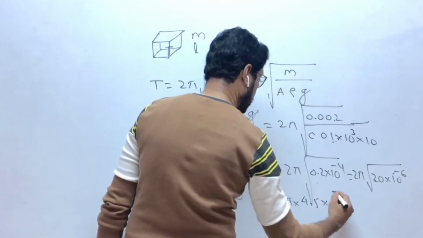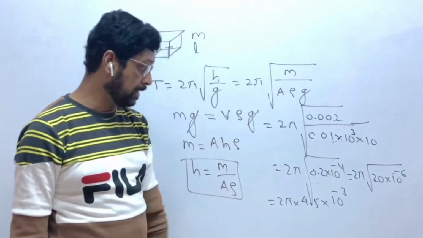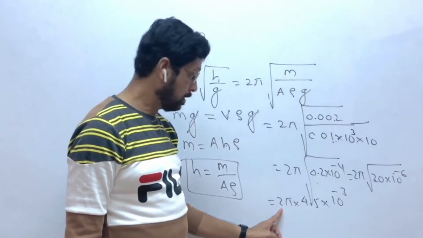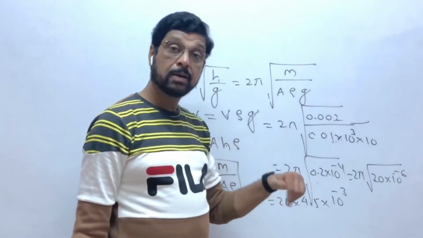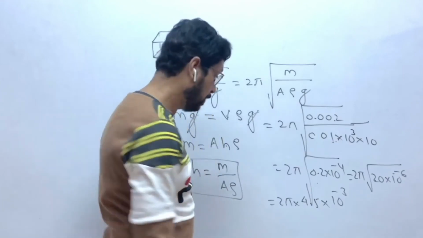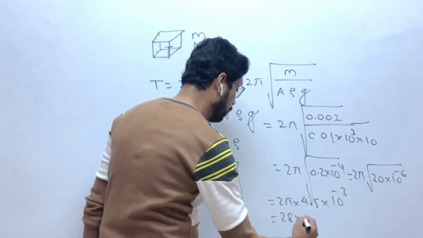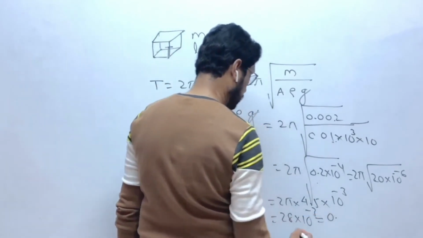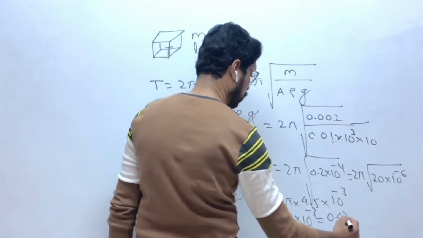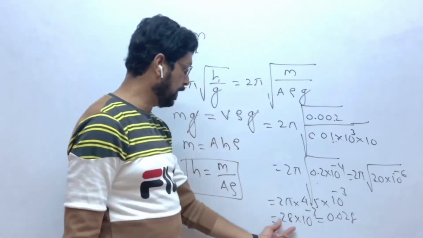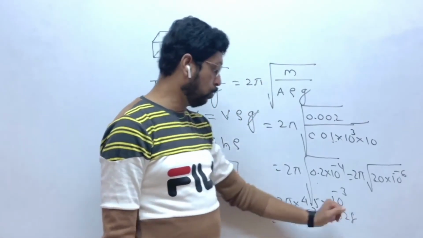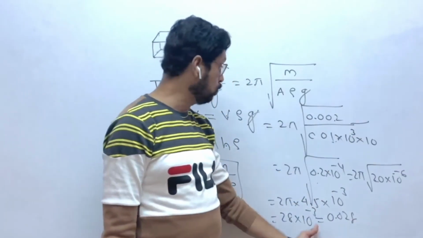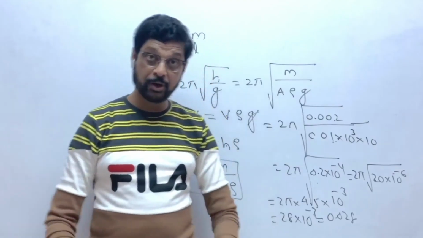into the square root of 10 raised to -6, which is 10 raised to -3. 4.5 into 2 is 9, 9 pi, 9 threes are 27, so 28 something into 10 raised to -3, which will be 0.028. 28 into 10 raised to -3 is 0.028, or 2.8 into 10 raised to -2 seconds will be the periodic time.